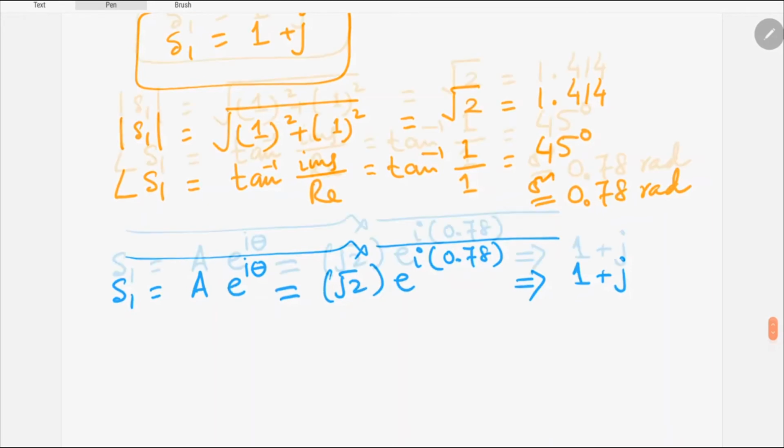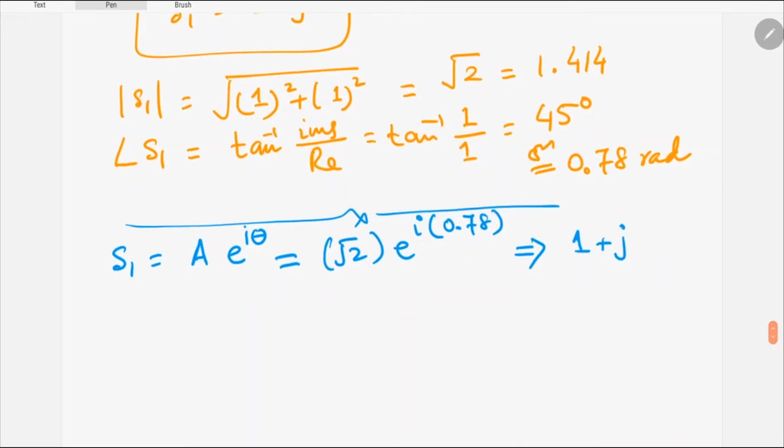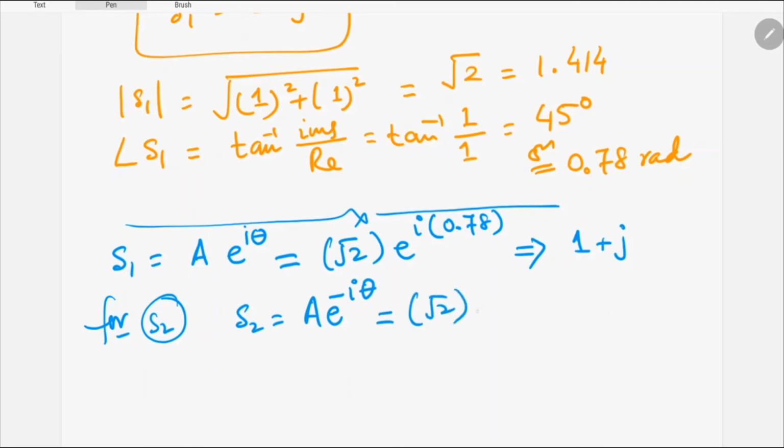And similarly, if you remember S2, it can be found like this, and when you put it in here, this will be minus 0.78, and this will be 1 minus j.